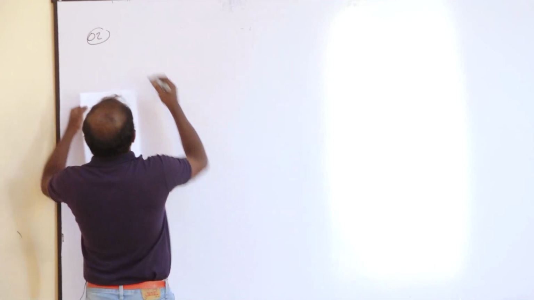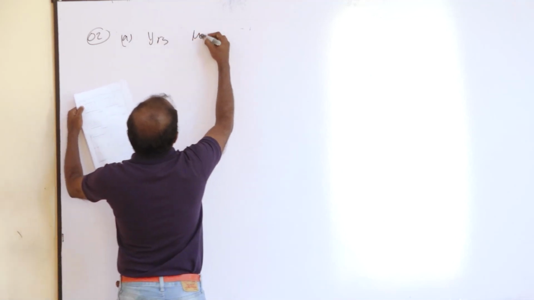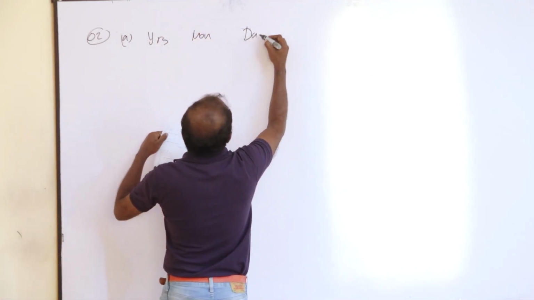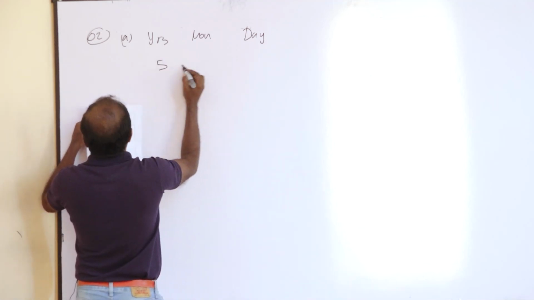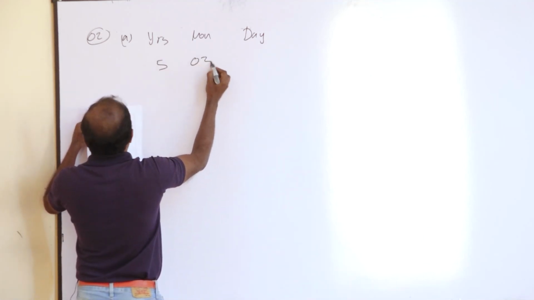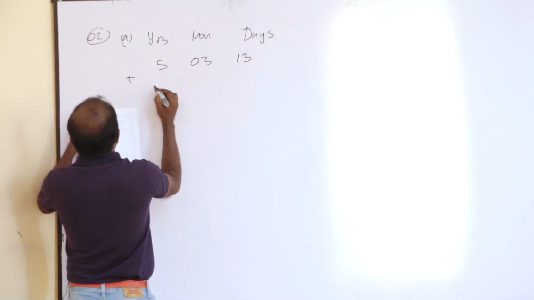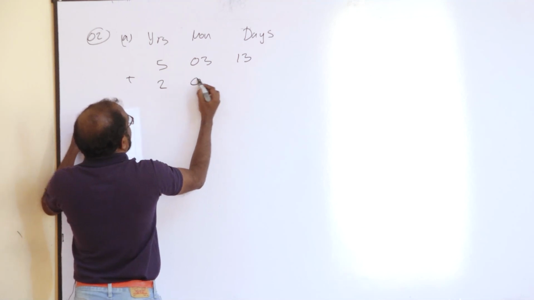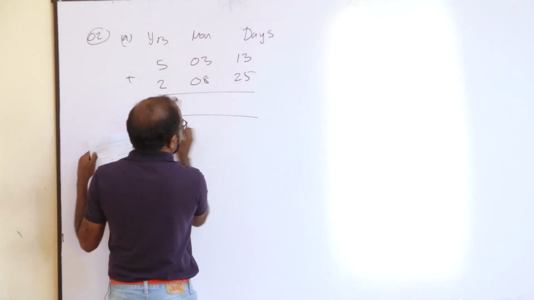So first one, A, years, months, and days, right? 5 years, 3 months, and 13 days. You have to add 2 years, 8 months, 25 days, right?